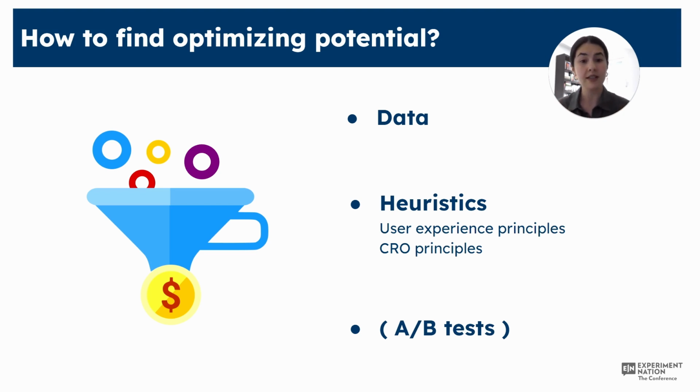Now, in heuristics, we also rely on user experience principles. We're going to be talking about this a lot. And we rely on CRO principles, which can overlap, but we will also discuss those in greater detail.